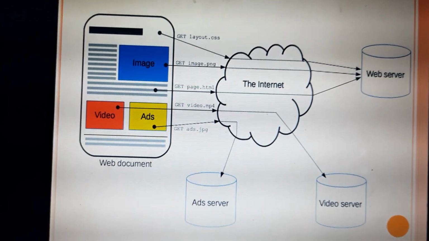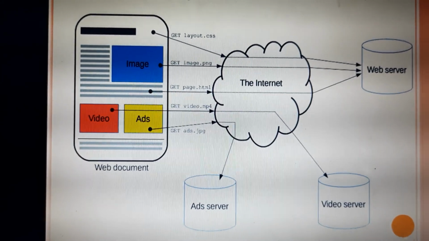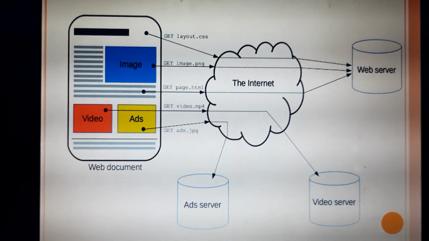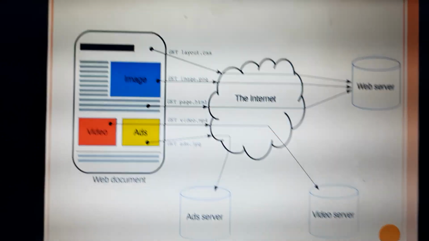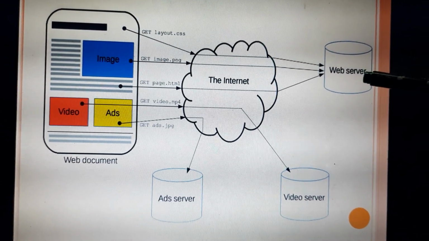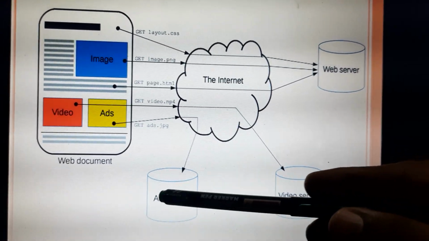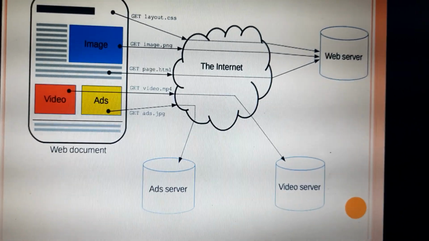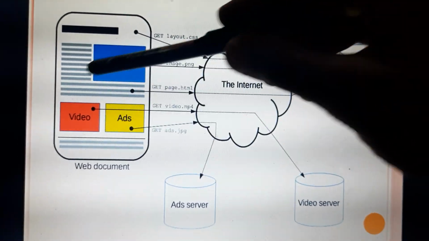This figure will illustrate and give you the idea about how the interaction takes place between the client and server. In this figure you can see this is a web server, this is a video server and an ADS server. Now assume that this is a browser.